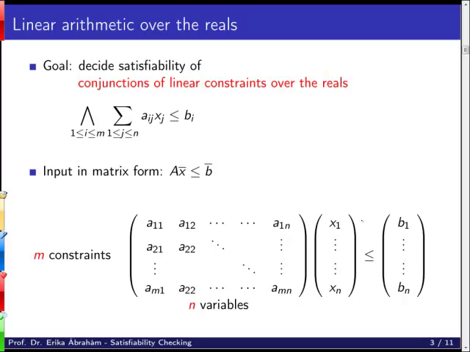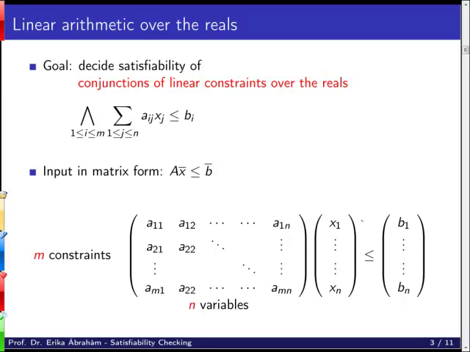So we formulate our problem as a matrix, in that we have here the constants, the weights for the variables. Here we have the variables and these are the bounds.